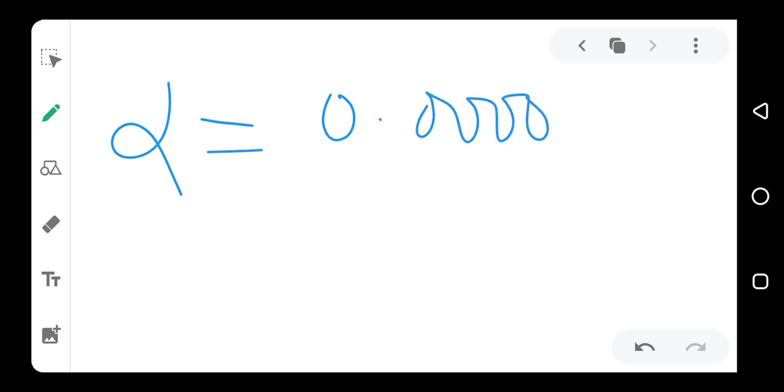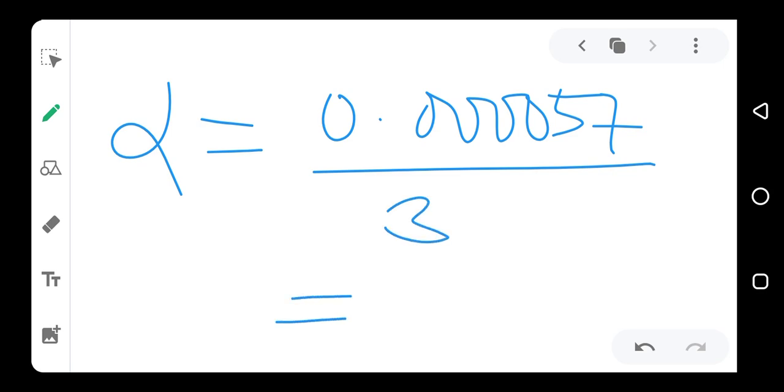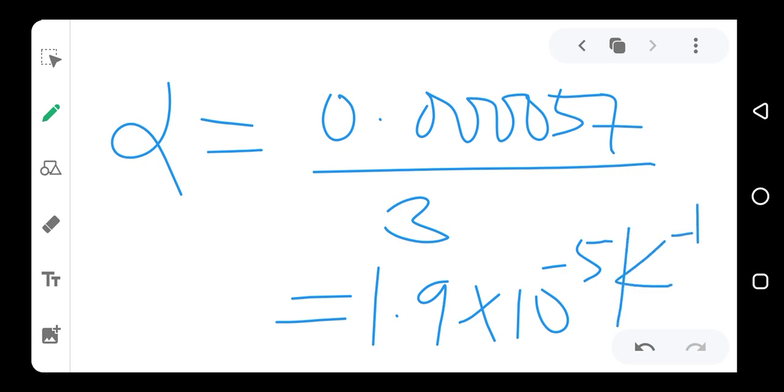Now that means that linear expansivity is equal to 0.0000057 divided by 3, and what we are going to get is 1.9 times 10 raised to the power minus 5 per Kelvin. This is the linear expansivity we are looking for. So that is the answer to question number 1.